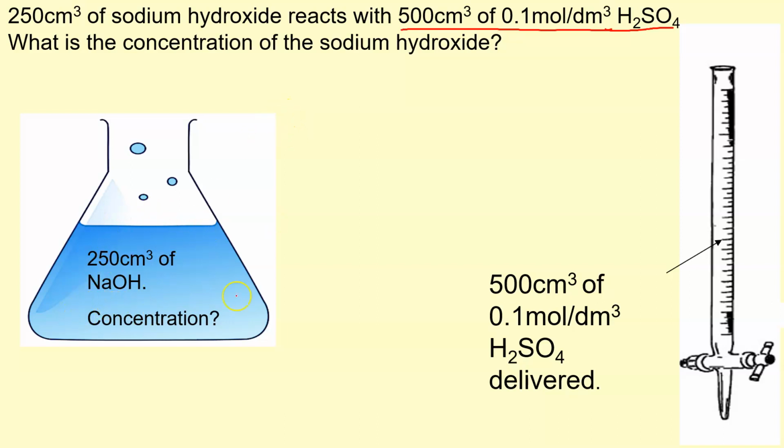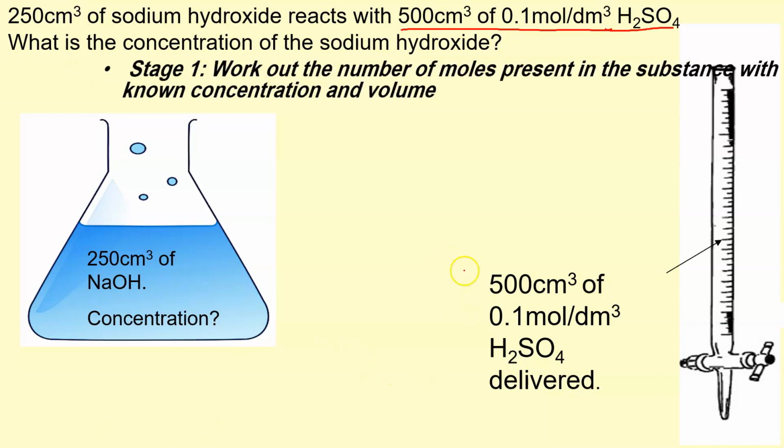Here is a picture showing your 250 centimeters cubed of sodium hydroxide and the mystery concentration. And then what was put into it, or titrated with, was 500 centimeters cubed of a solution of 0.1 moles per decimeter cubed of sulfuric acid.